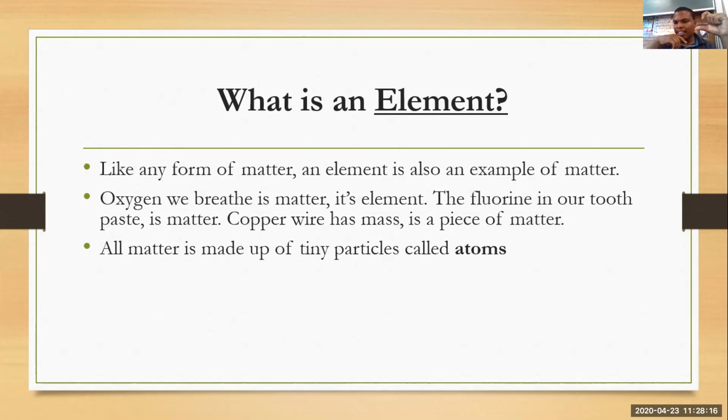Atoms are the building blocks of matter, so an element has atoms as its building blocks. Elements are made up of atoms, because an element is matter, and matter is made up of atoms.